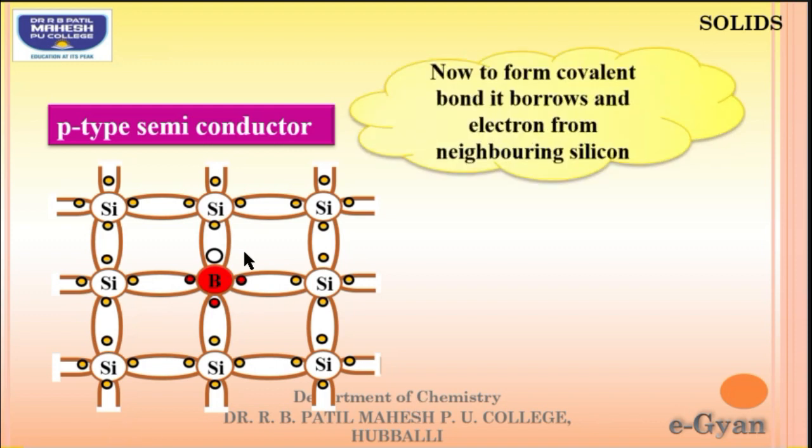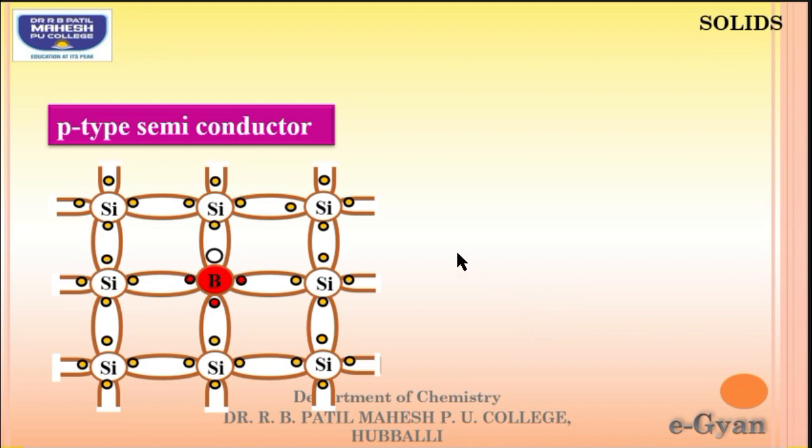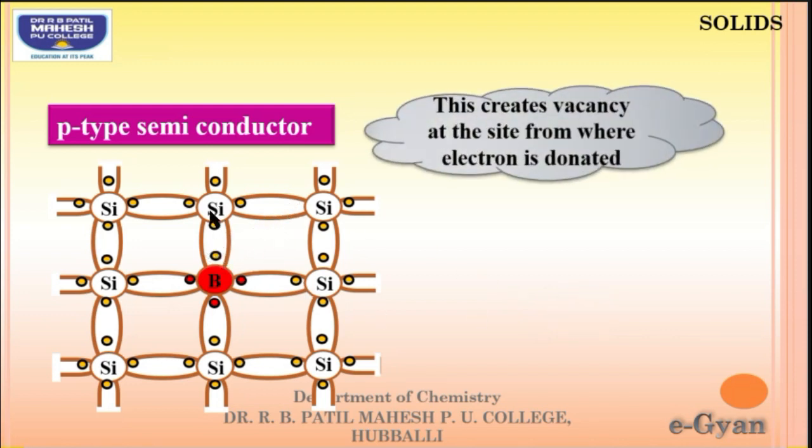Now the covalent bond is formed by borrowing the electron from the neighboring silicon atom. The electron has come from here and the new covalent bond is formed, which leads to the formation of a hole with respect to this silicon atom.